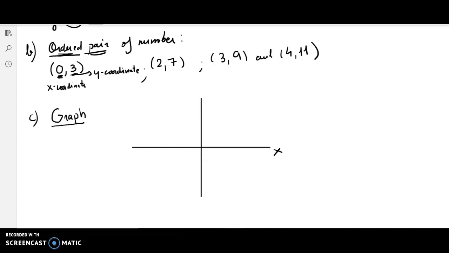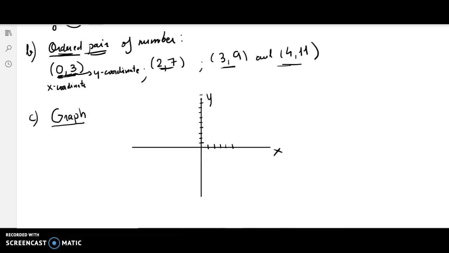The vertical axis is the y-axis or ordinate. So let's represent these points. The 0, 3. Okay, so I'm going to divide the axis into different points. 1, 2, 3, 4, 5, 6, 7, 8, 9, 10, 11. So I'm going to make only the positive numbers because all these points are positive.